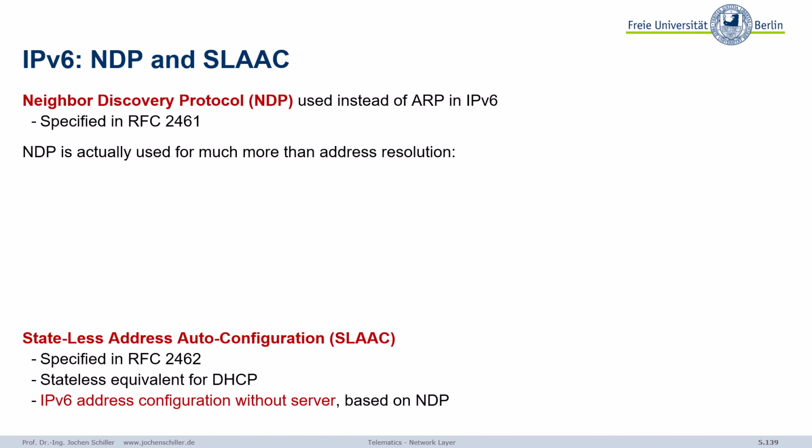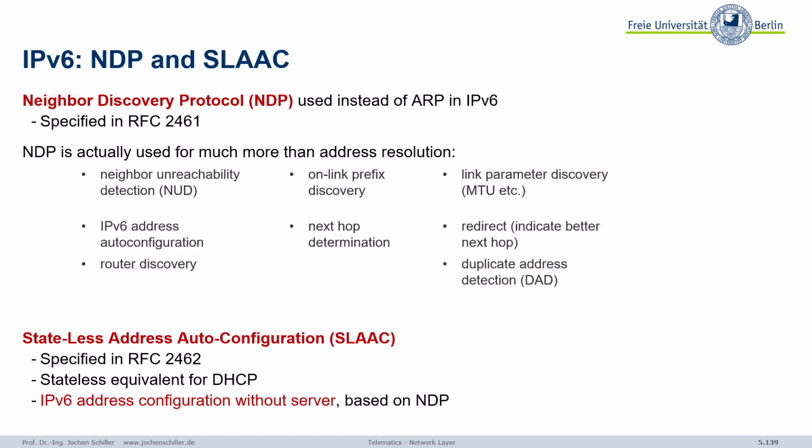Well, neighbor discovery uses a protocol, and that replaces our ARP, can do a bit more. So not only address resolution. So neighbor discovery can detect reachability, so neighbor reachability detection, auto configuration. We have a close look into all this.